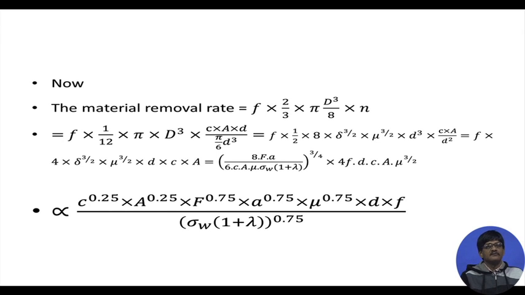This I am just importing from the previous derivation, and therefore after that we start crunching the numbers. That means that we replace them by known values, and then we ultimately simplify and find out what we get. For example, d cube can be replaced by 8 into delta to the power 3 by 2, okay, delta to the power 3 by 2 into mu to the power 3 by 2 into d cube.